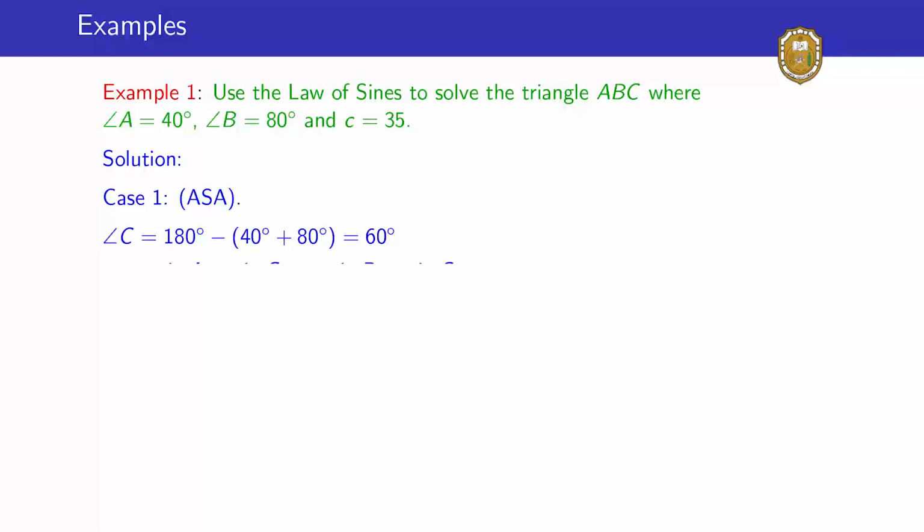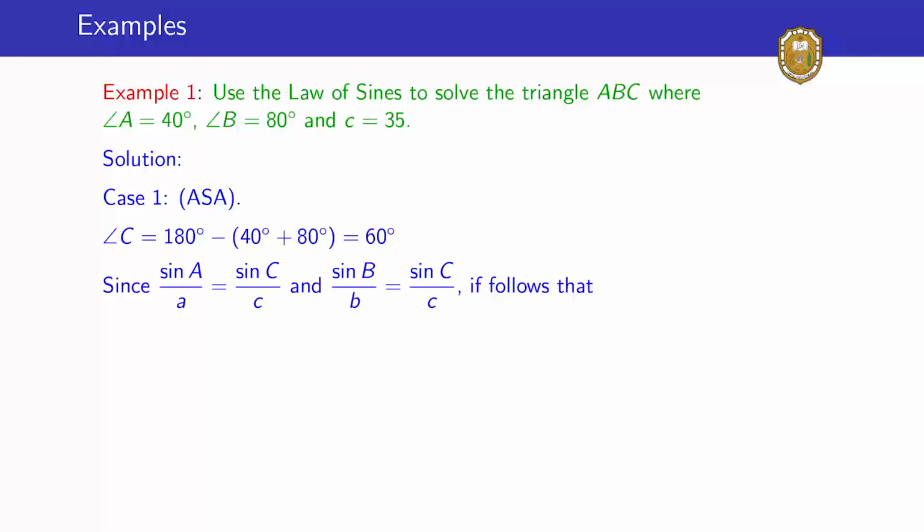From the law of sines, we know that sine A over a is sine C over c, and that sine B over b is equal to sine C over c, and therefore it follows that a is equal to c sine A over sine C, and that is equal to 35 sine 40 degrees divided by sine 60 degrees, which will give you approximately 26. So a is approximately 26.